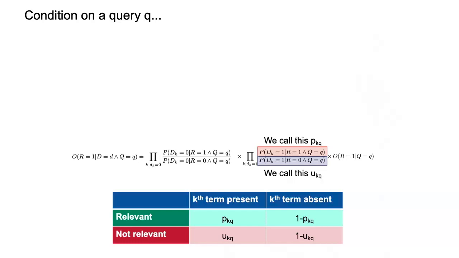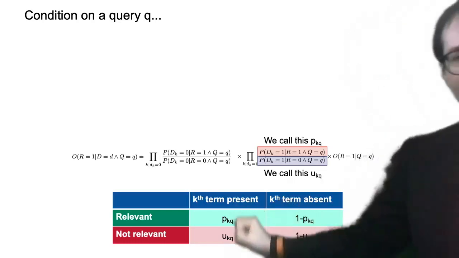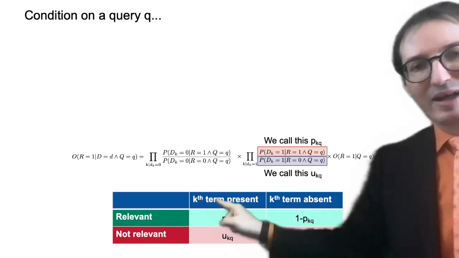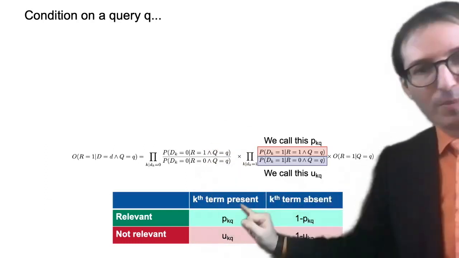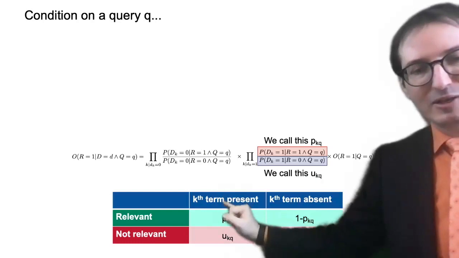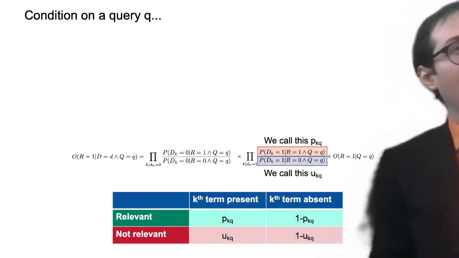So it means that for all the terms except information and except retrieval, if my query is information retrieval, I'm going to assume that the term I'm looking at, for example, butterfly or ETH or building, its presence in a document doesn't depend on the relevance. Why? Because the term is not in the query.